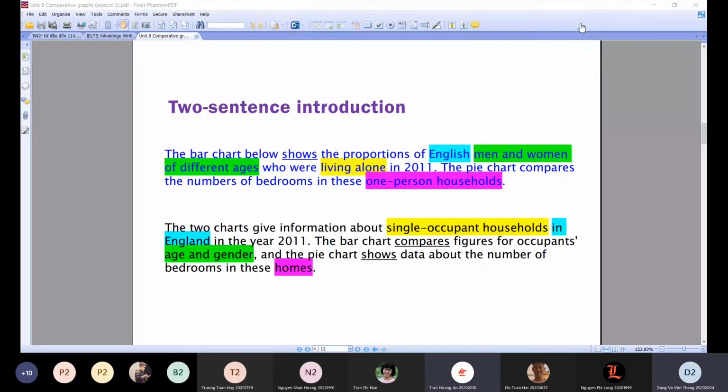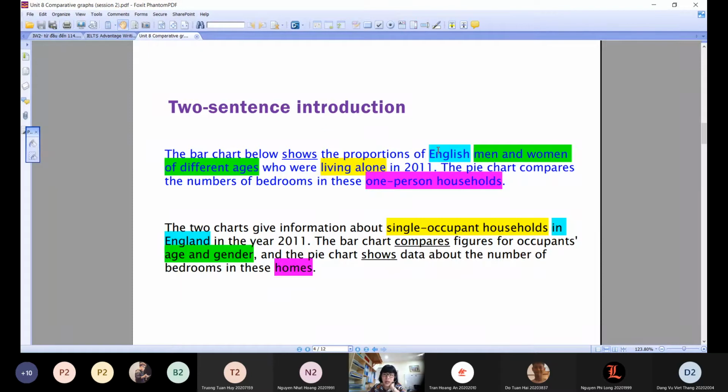I think it's a paraphrase of the first paragraph. Good. So the sentences in blue, you see that these are from the essay question, right? And the sentences in black, it's a two-sentence introduction.